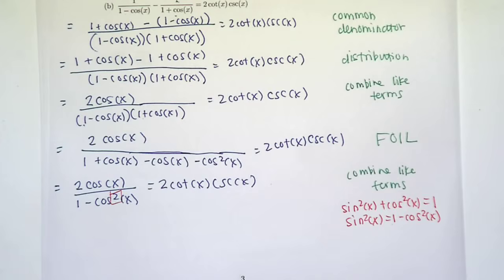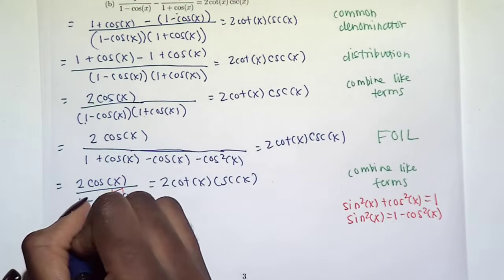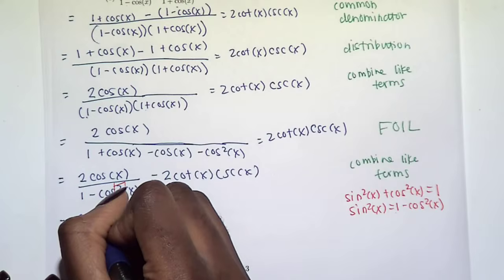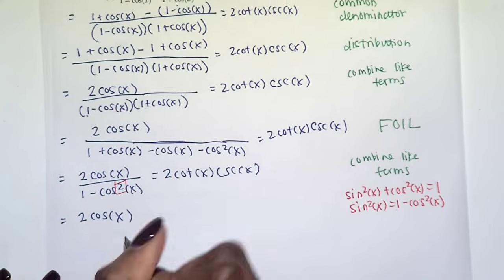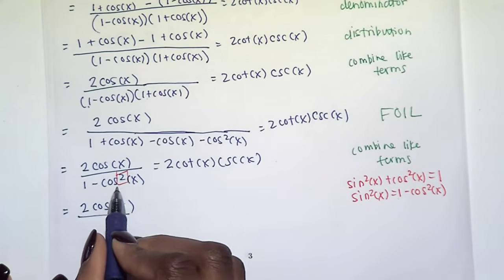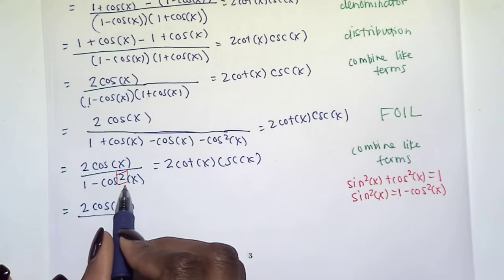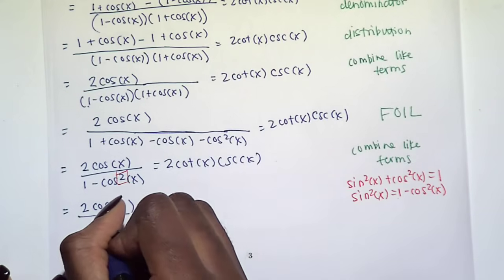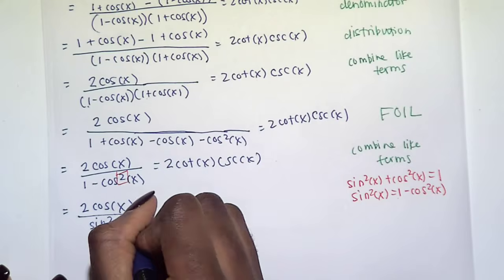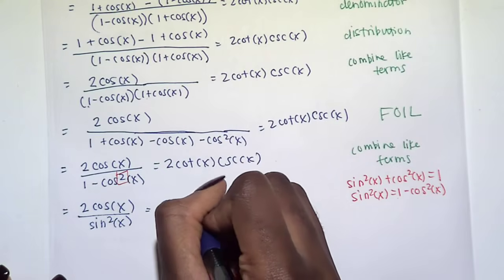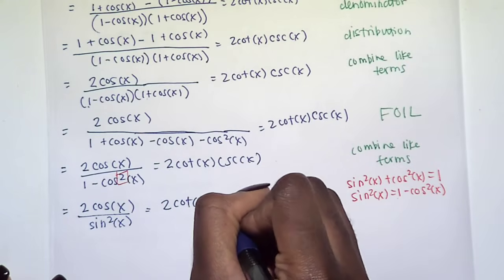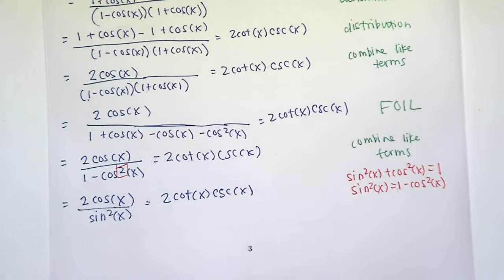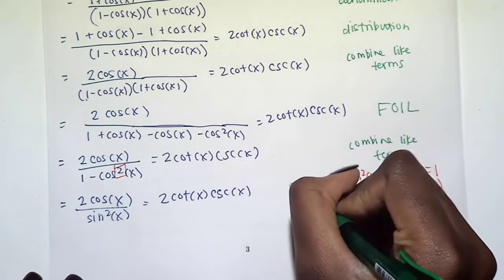That sounds better than having subtraction on the bottom. So on the bottom, instead of using 1 minus cosine squared x, I'm going to use sine squared x. And so you should be able to see where this is going now. So we just did a Pythagorean identity.